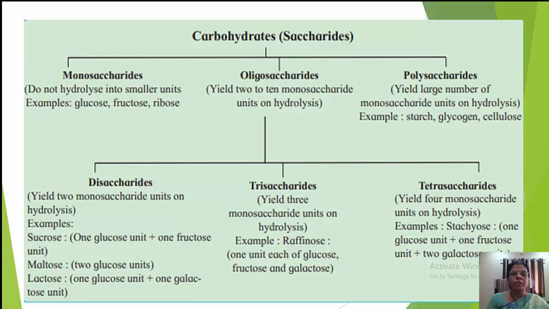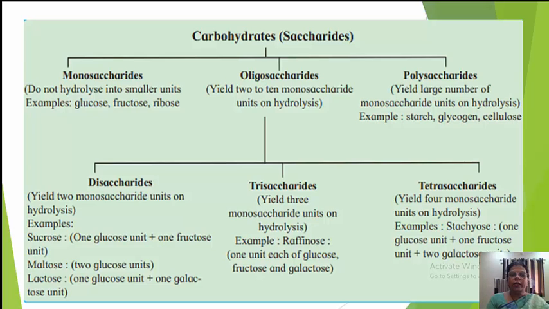Now we are going to see the detailed classification of these carbohydrates. First class is monosaccharides. These monosaccharides do not hydrolyze into smaller units. For example, glucose, fructose, ribose. Then second, oligosaccharides.